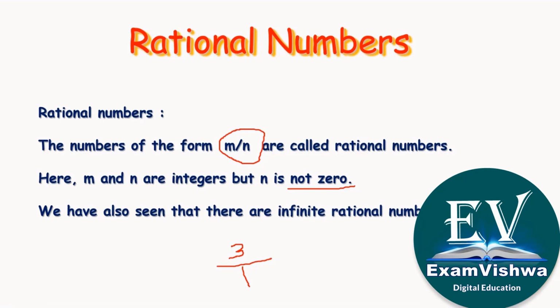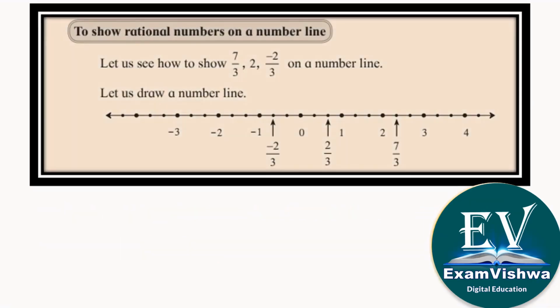Okay, so we will go ahead to learn something more about these kinds of things given in the textbook. The textbook is talking about showing rational numbers on a number line. Showing 1, 2, 3 on the number line is not a big thing. We can put 0, -1, -2, -3.